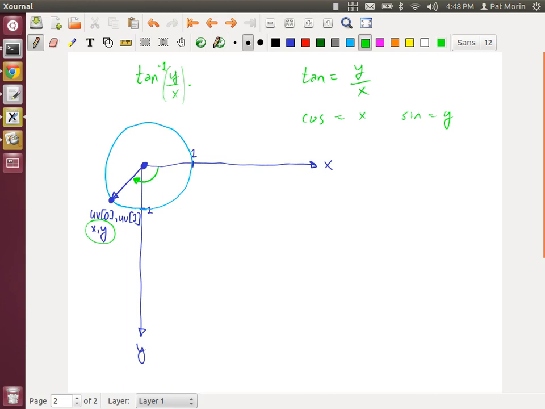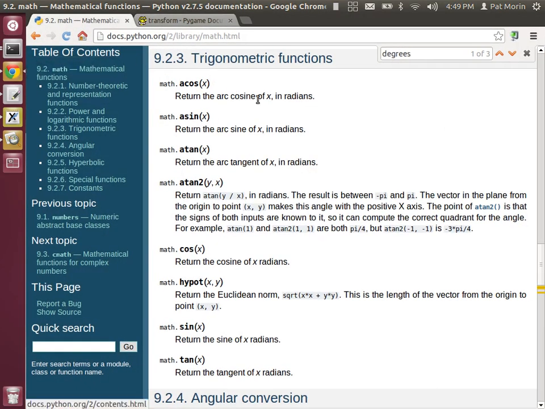Now, unfortunately, the inverse tangent isn't good enough because it's unable to distinguish between things that are in, let's say, the upper right quadrant and the bottom left quadrant. Because in one case, both the signs of y and x are positive. In the other case, they're both negative, but the two negatives cancel out, so you end up with a positive result.